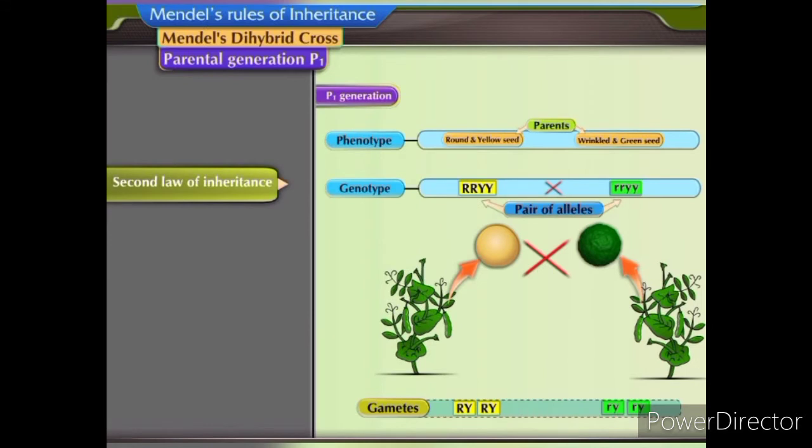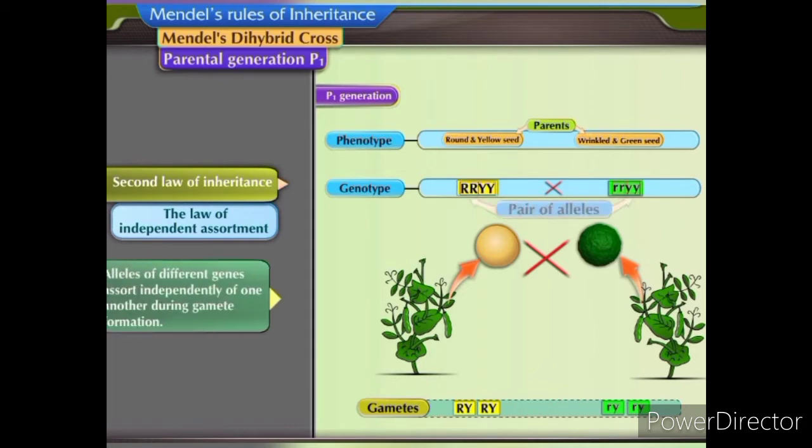These findings helped Mendel to formulate his second law of inheritance called the law of independent assortment, which states that alleles of different genes assort independently of one another during gamete formation.